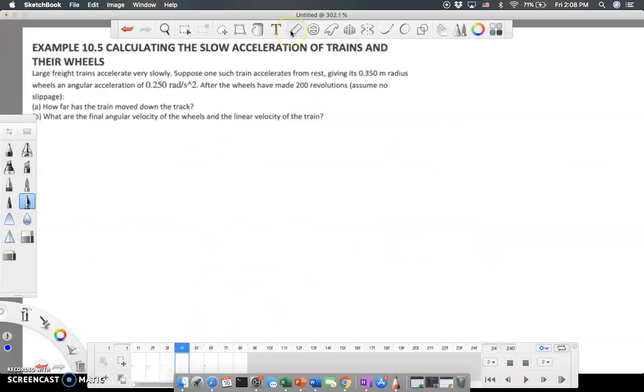All right. So this is going to be our next problem, and it may be a little bit similar to what we've done. A large freight train accelerates very slowly.